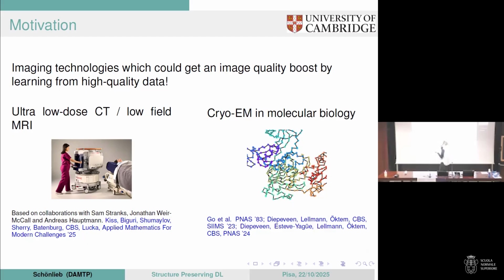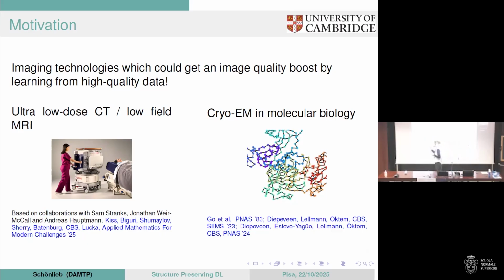But this also in particular means that because you have high quality measurements from the usual MRI paired with these newly emerging technologies, you can think of a learning scenario, because you can create a training data set. So here I think this is very promising.